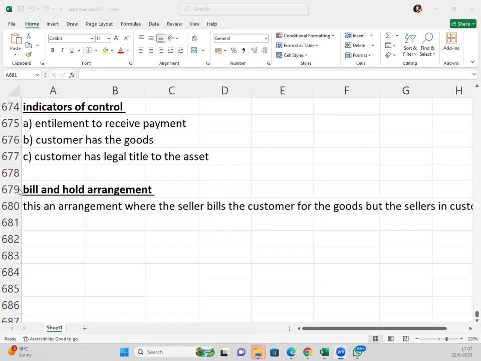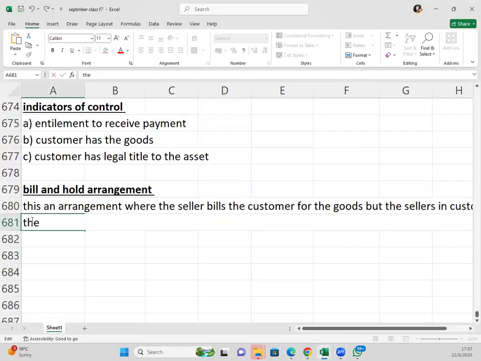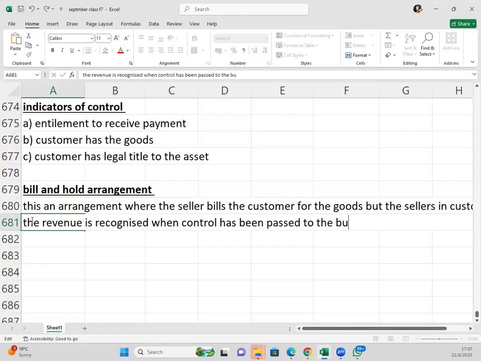So let's highlight that. The revenue is recognized when control has been passed to the buyer, despite the goods remaining with the seller.